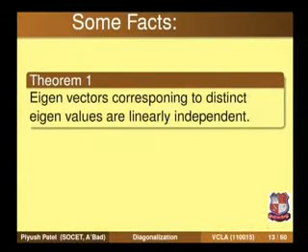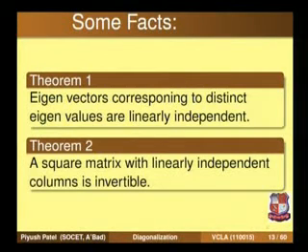Eigenvectors corresponding to distinct eigenvalues are linearly independent, and the second result says that a square matrix whose columns are linearly independent is invertible. So if we have a matrix whose columns are linearly independent, then we have an invertible matrix, so that we can diagonalize the matrix A.